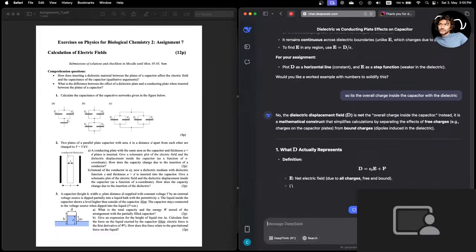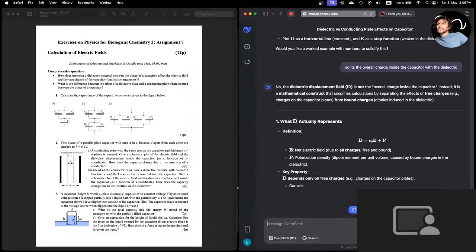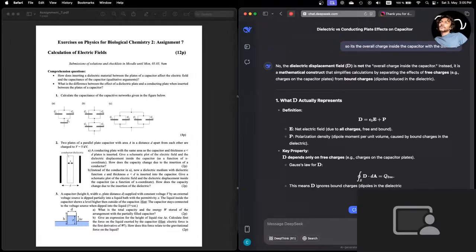It is a mathematical construct that simplifies calculation by separating the effects of free charges from bound charges.